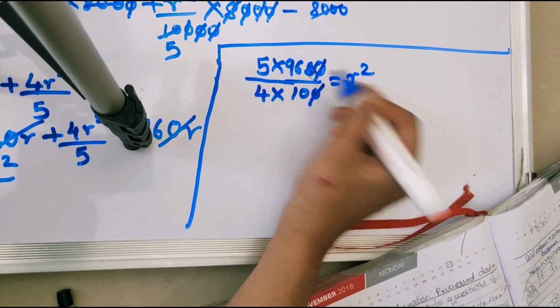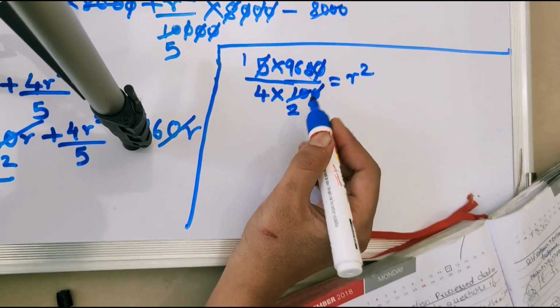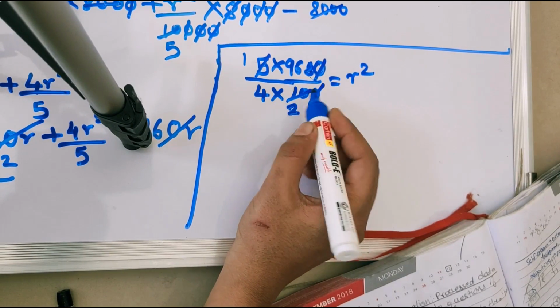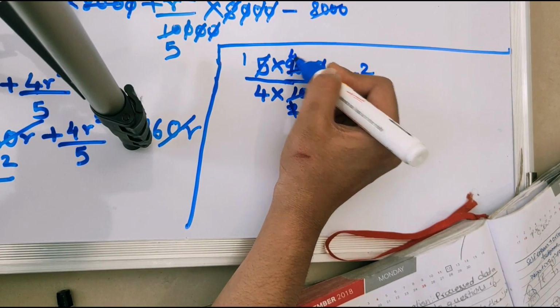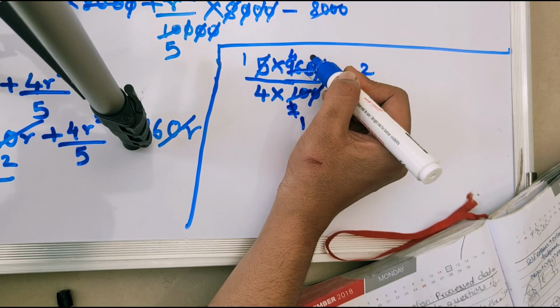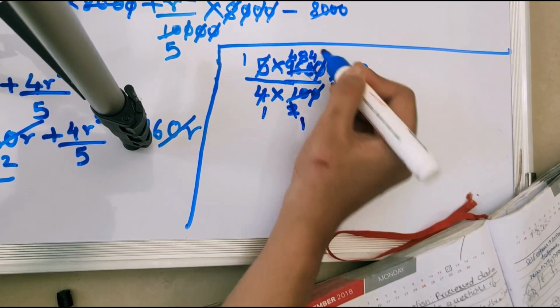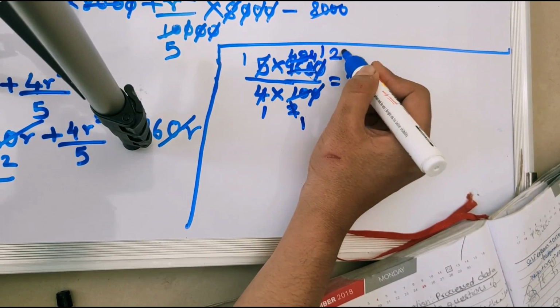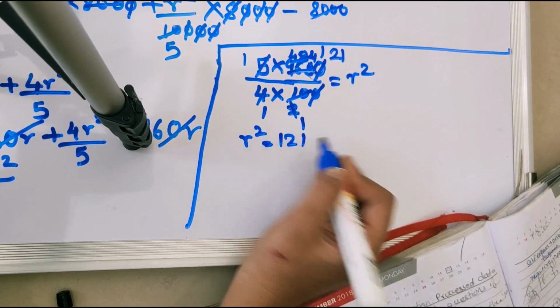The zero is gone, the zero is gone. 5 ones are 5, 5 twos are 10. 2 ones are 2, 2 fours are 8, 2 eights are 16, and 2 fours are 8. Again 4 ones are 4, 4 twos are 8, 4 ones are 4. So what is r square? 121. So what will be r?